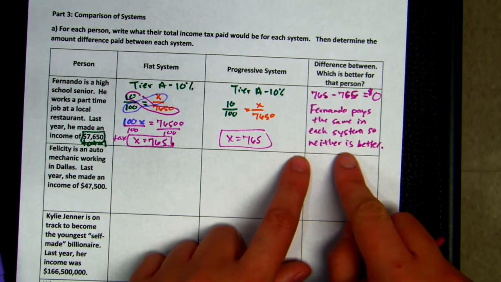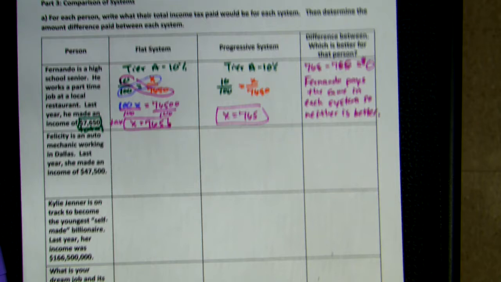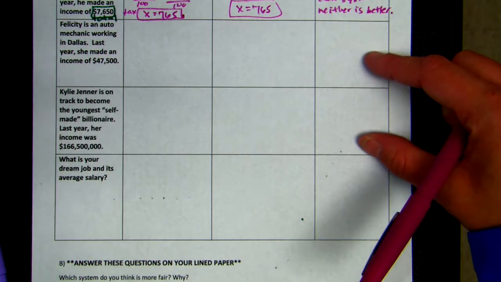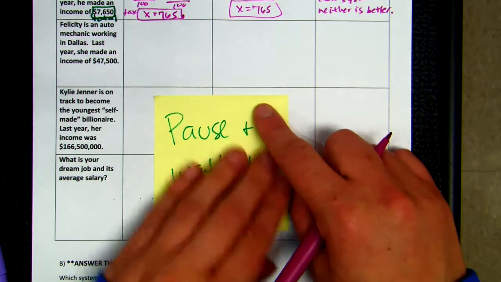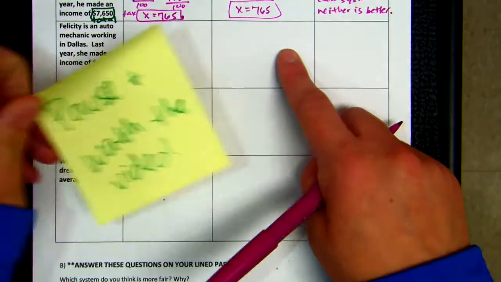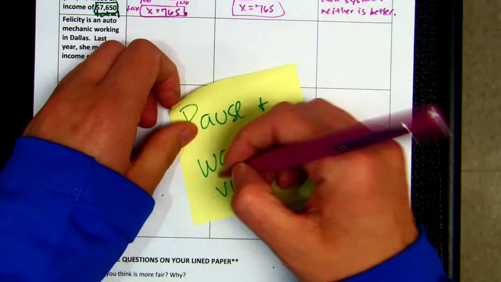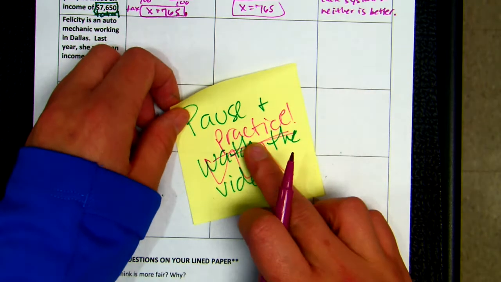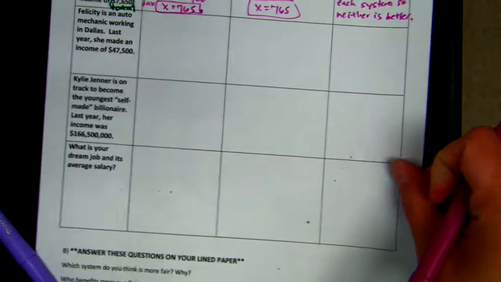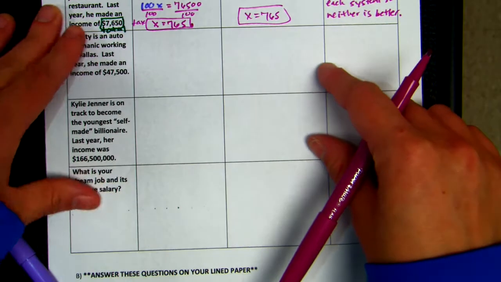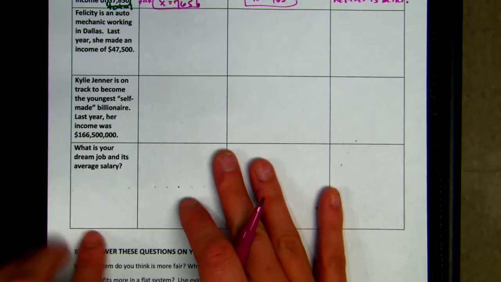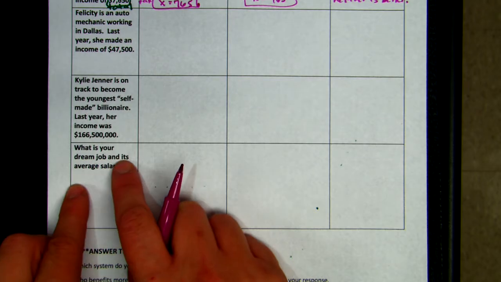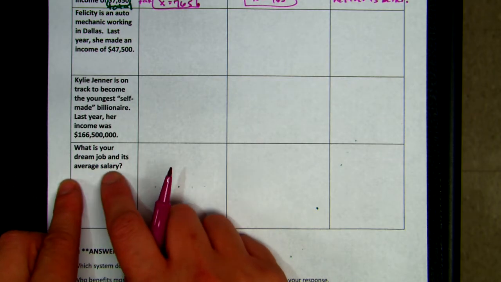individually. Okay? I want you to do the same for these two here. So you're going to pause and not watch the video. You're going to pause and practice. Yay, pause and practice. Okay? With these two here. Then you are going to look up what is your dream job and its average salary.